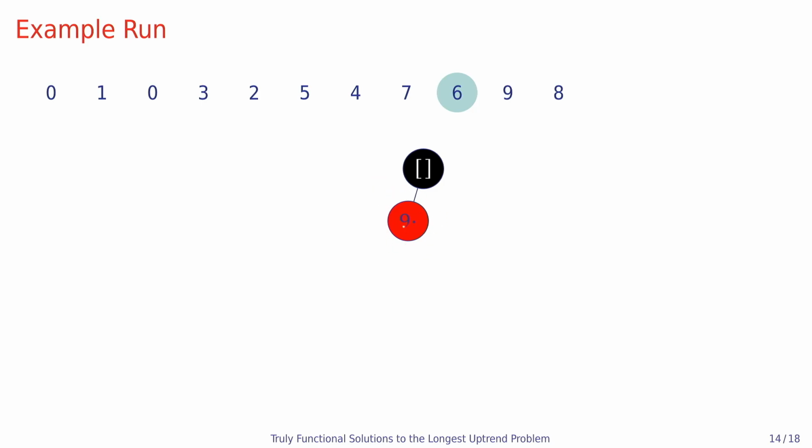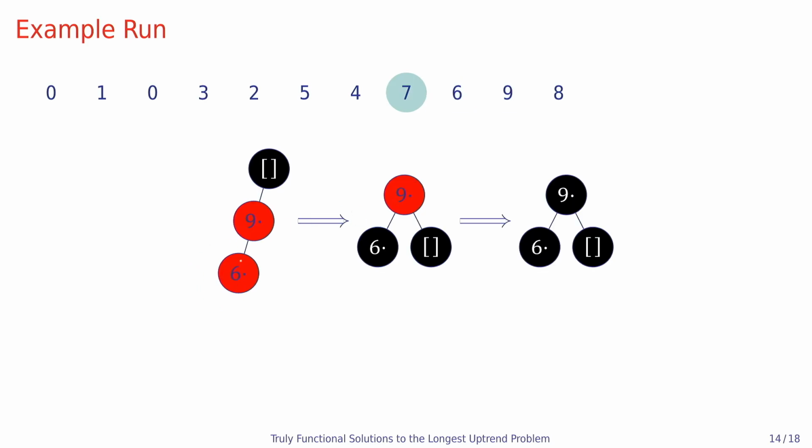So now 6 extends 9. So 6 becomes the leftmost child, and since we are having a red-black tree, we do this rebalancing operation. So again, 7. For 7, the tipping point is in between here.